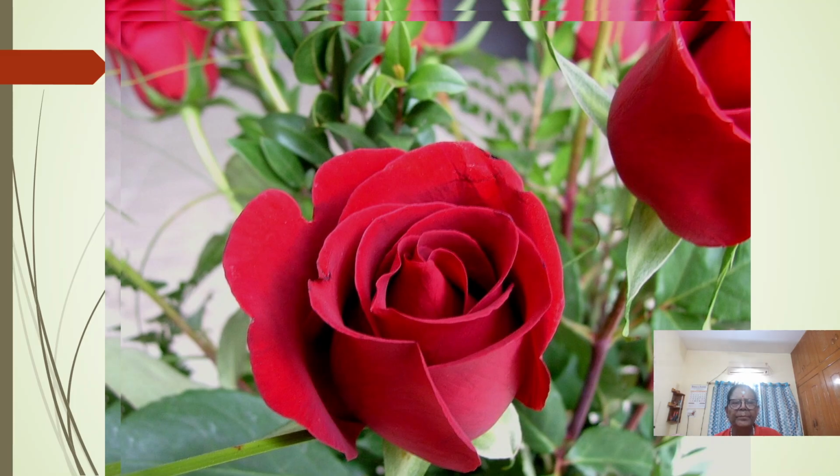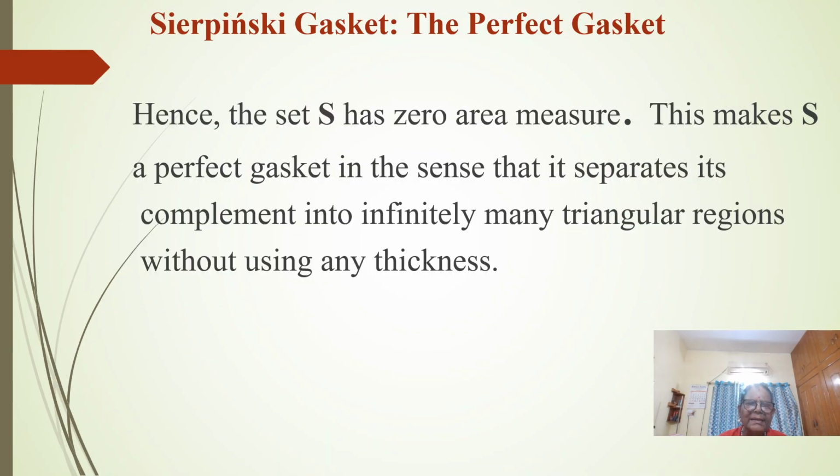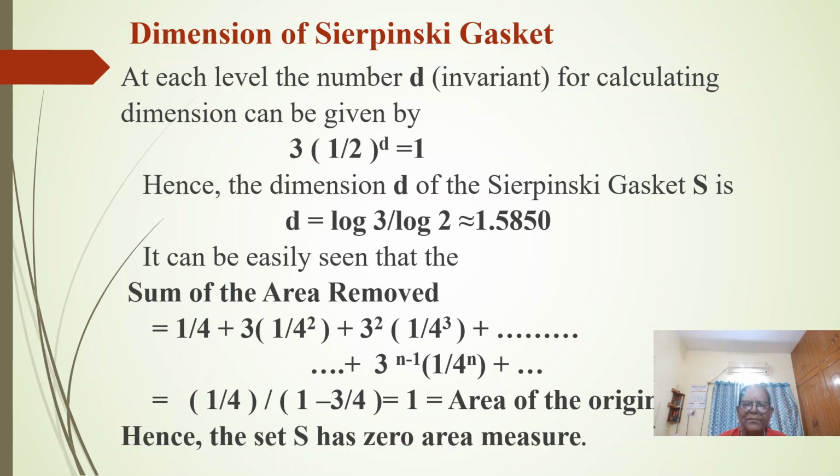So, this is to show that the fractional dimension of the Sierpinski gasket is equal to 1.5850. We have also seen that in the case of Cantor dust, the dimension is fractional.